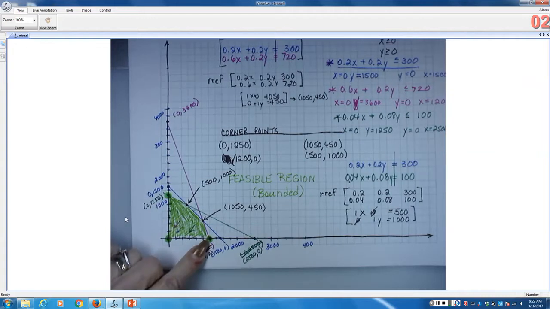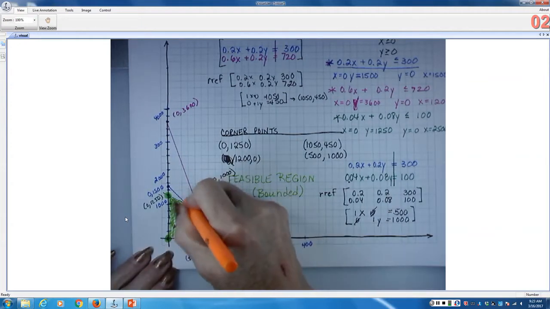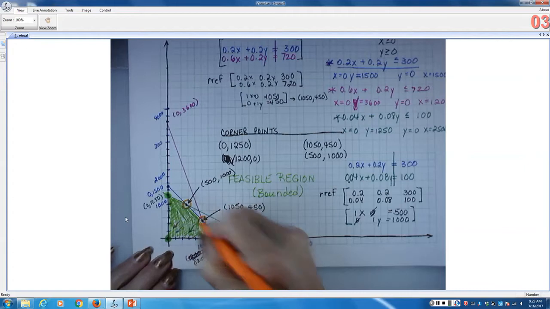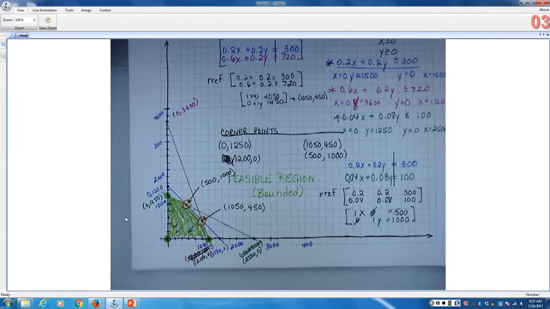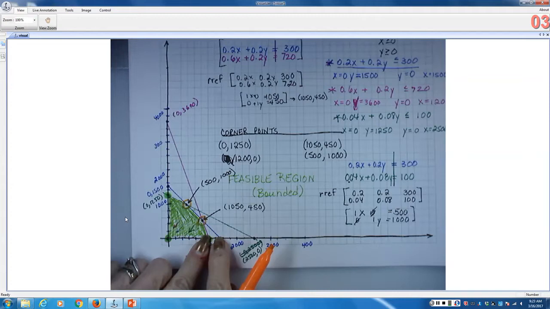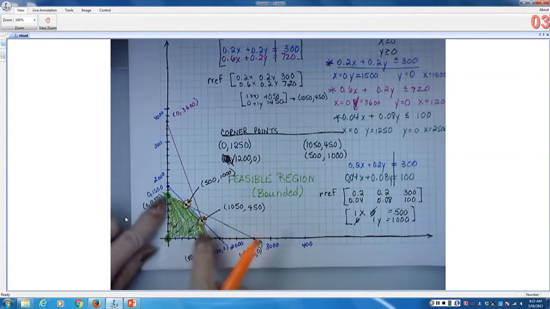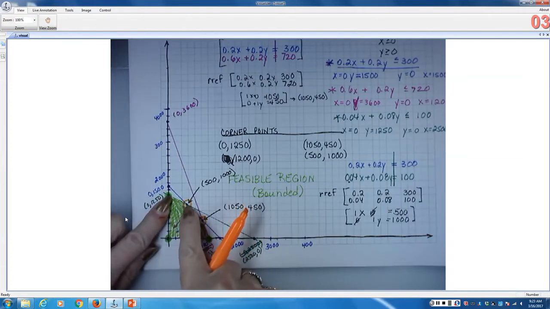This one happened to be an x-intercept, so it wasn't hard to find. But this one and this one, we had to find the intersection of the pink and the blue line for this one and the green and the blue line for this one.